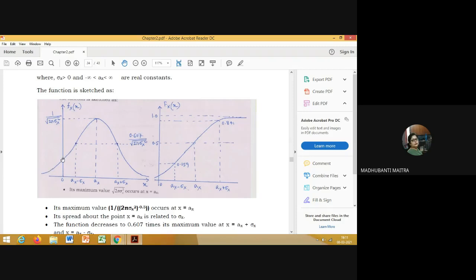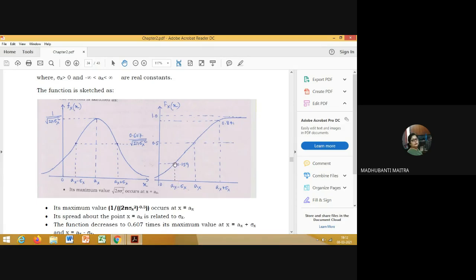From this bell-shaped function fx, if we integrate, we get the corresponding distribution function, which looks like this. This is the point corresponding to the center point ax, and these are the 2 points lying at the sides of ax: one is ax plus sigma x and the other is ax minus sigma x.